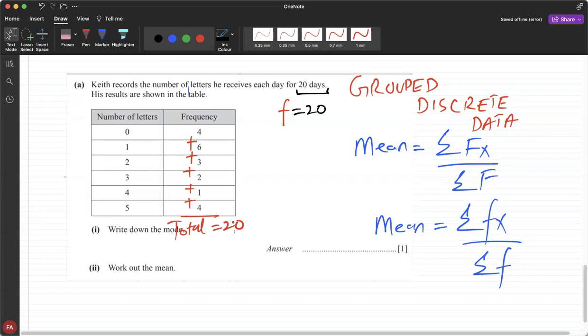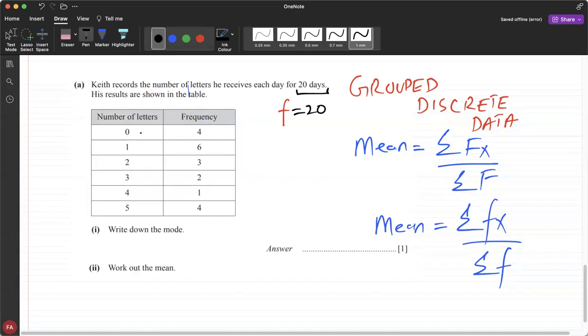Hopefully this is clear that in this question, I wouldn't call this n, although writing this down wouldn't hurt your marks. If you wrote n is equal to 20, this wouldn't hurt your marks. But generally, you should stick to the convention and understand what the question is asking us. Now, this is all grouped, it's all organized. But if I were to open this up, what does that mean? That means number of letters 0 is coming 4 times.